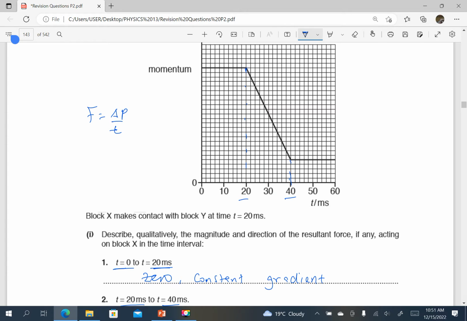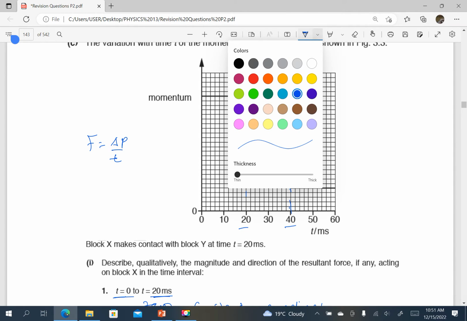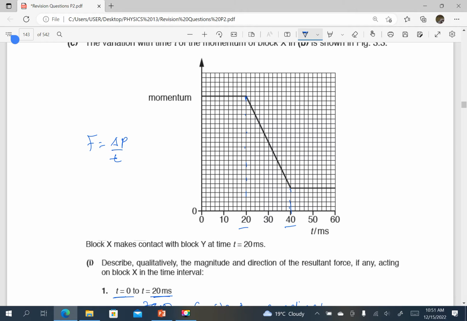So if block Y was initially at rest when block X was moving with some momentum or with some speed, therefore, when block X was moving with a constant speed before they come into contact, block Y was at rest, so that is zero momentum. I will draw a horizontal line along the x-axis for zero momentum for block Y.